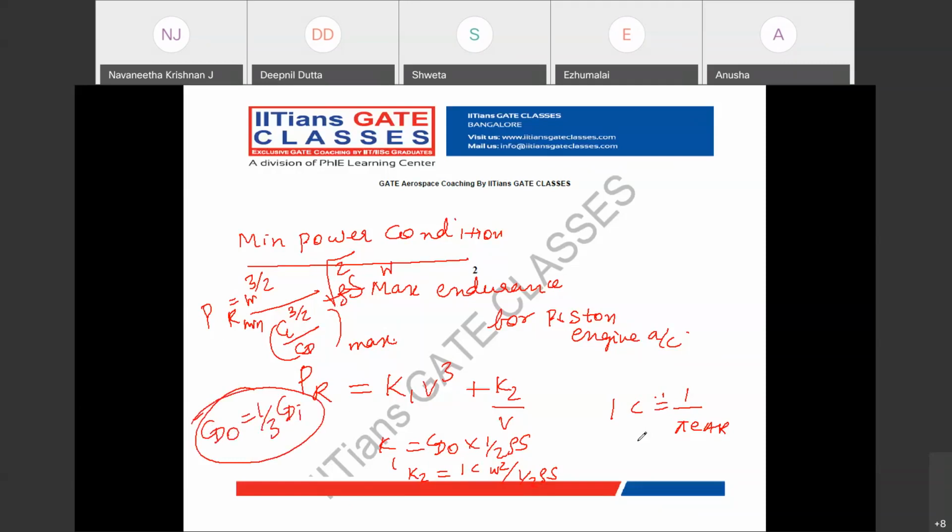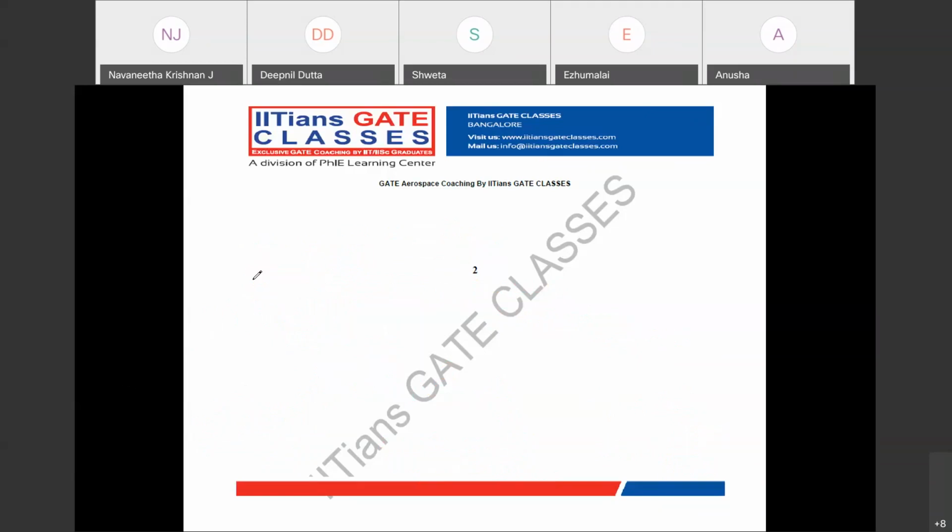If I substitute CD naught equal to 1 by 3 CDi, the minimum power required velocity is nothing but the fourth root of B by 3A into 2W by rho S.